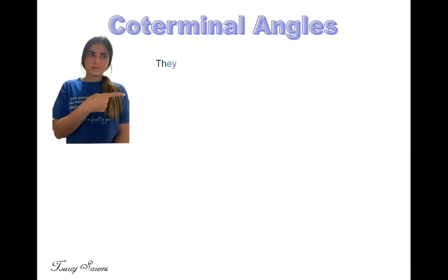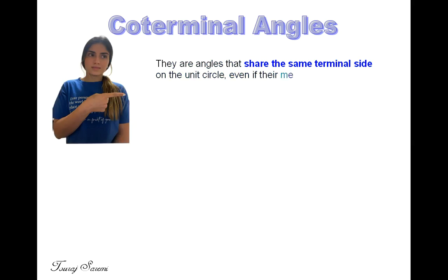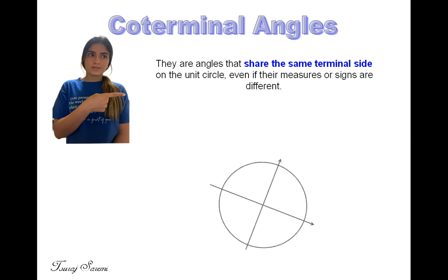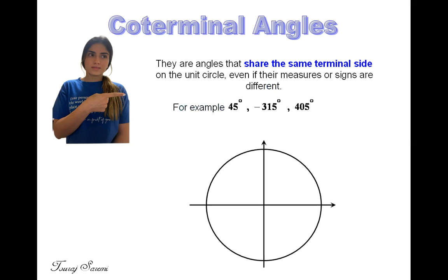Coterminal angles. They are angles that share the same terminal side on the unit circle, even if their measures or signs are different. For example, 45 degrees, minus 315 degrees, and 405 degrees are all coterminal angles.